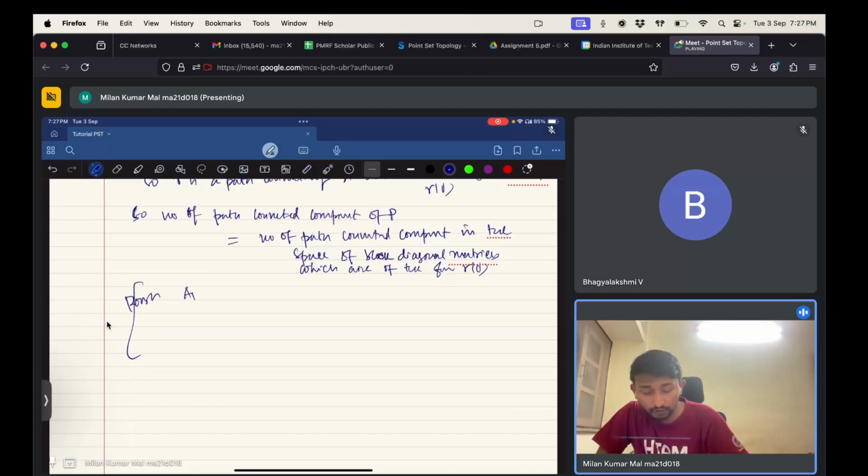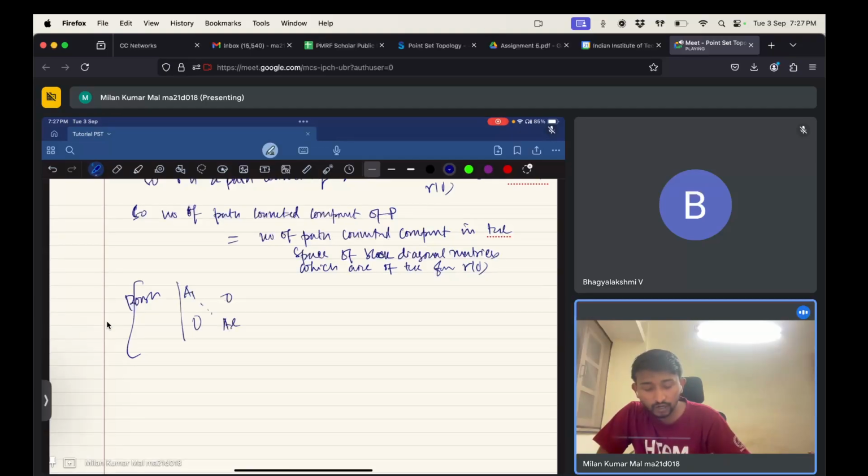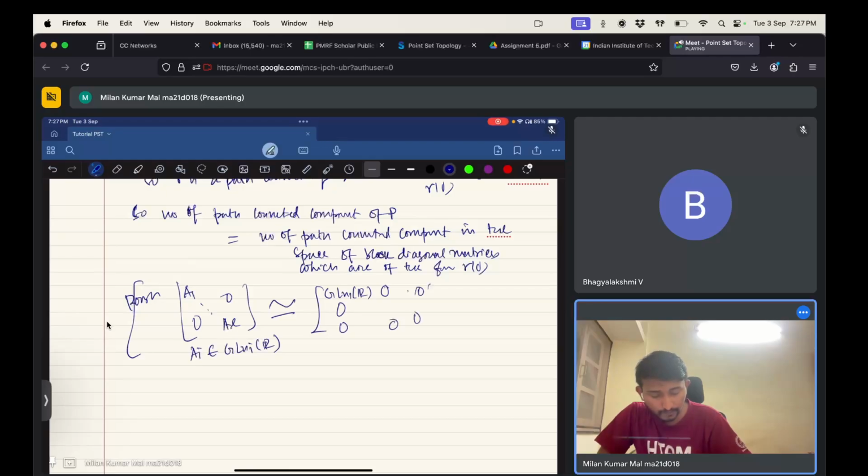So what are the block diagonal matrices here? A1 up to AL, all other elements are 0, where each A_i comes from GL_{n_i}(R). Okay, so we can visualize this as the matrix space GL_{n_1}(R) with all other elements 0, plus dot dot plus the last element, 0 0 0 0 GL_{n_L}(R), right?